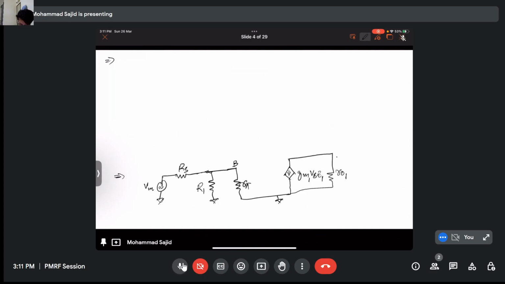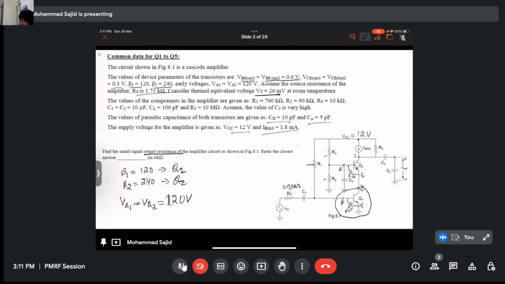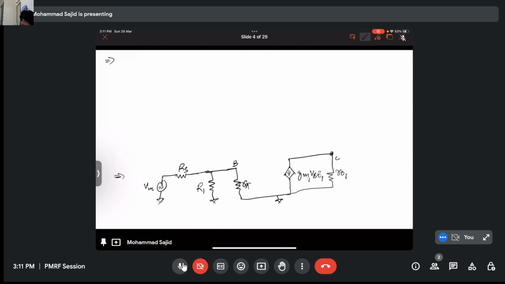This is your collector. This is for Q1. Collector and emitter are the same node for Q2. So this is the emitter for the second transistor, and this will be its gm2 vbe2. Let's call it r pi 1, r pi 2.